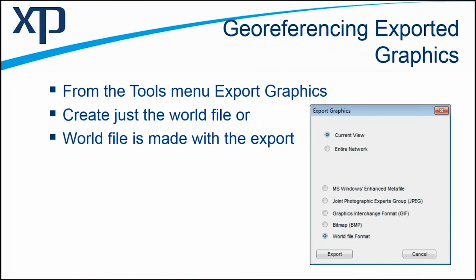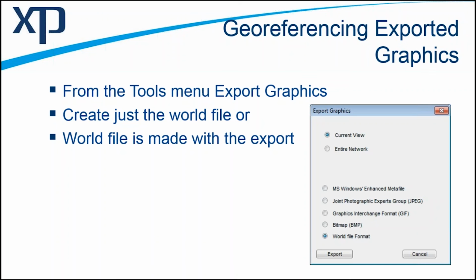Speaking of graphics, another feature here, in Tools Export Graphics, you have the current view or network, but now we are also supporting the world file. So it has the spatial representation of where it is, which is really nice. You can export that, so you have your JPEG with the world file, which means if you open that file in your GIS platform, it'll come in where it belongs in that coordinate system.